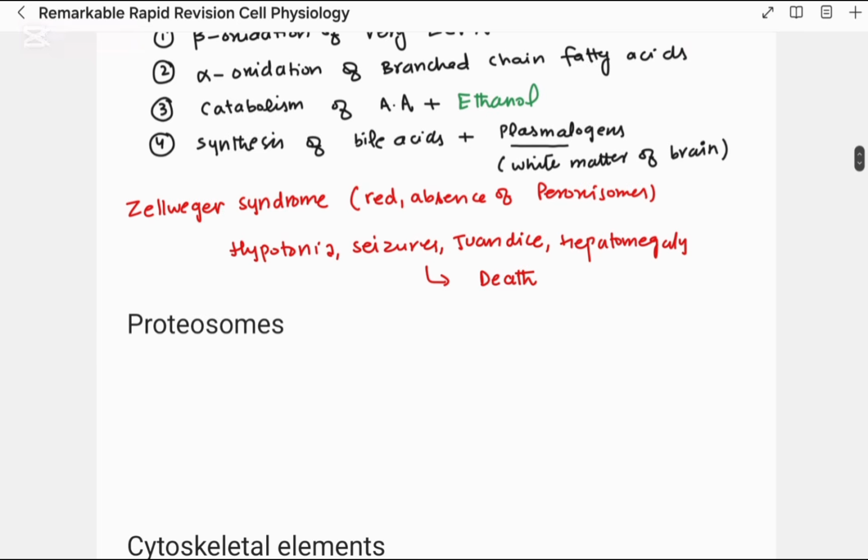So the next step is proteosomes. अब proteosomes का क्या काम होता है?